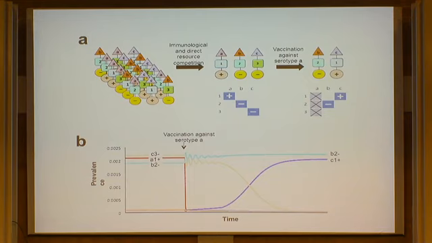Now what happens when you vaccinate against serotype A, in this model, is you knock out that strain.